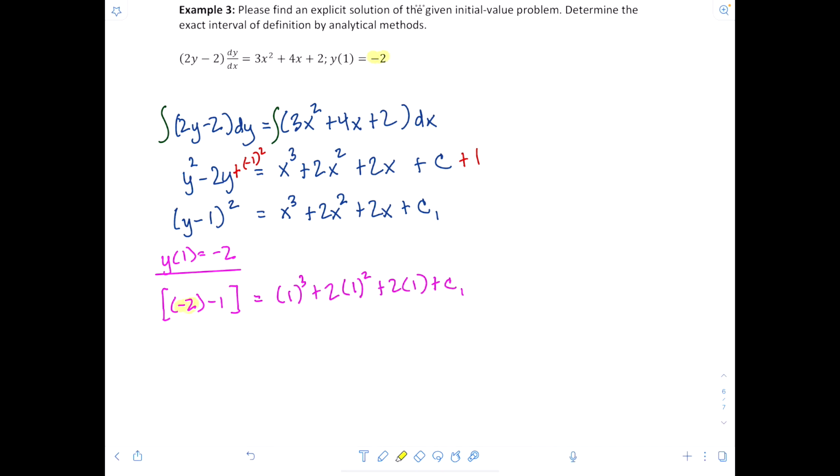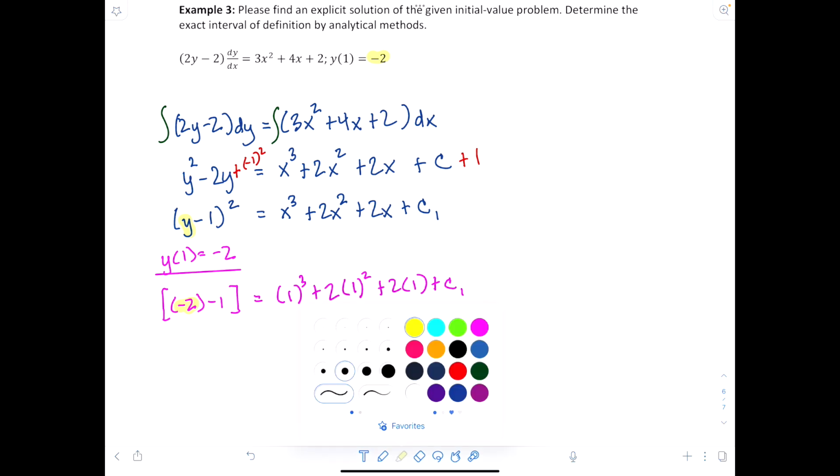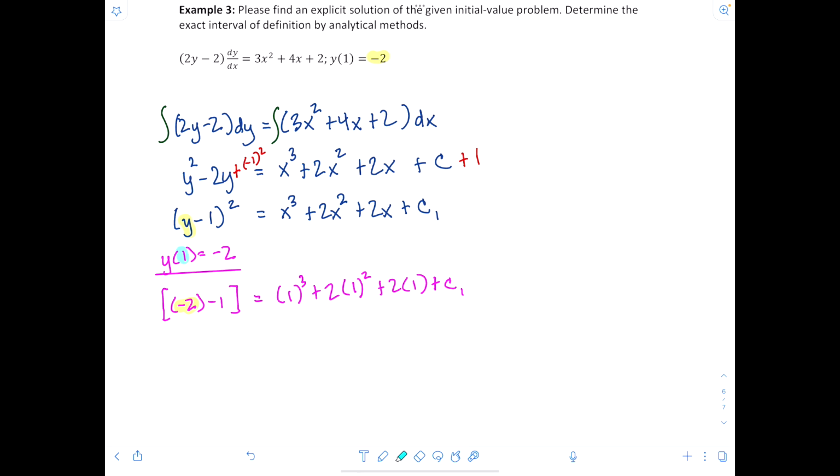I just plugged in negative 2 wherever there was a y, and I plugged in 1 wherever there was an x. Sorry, this whole thing was squared.